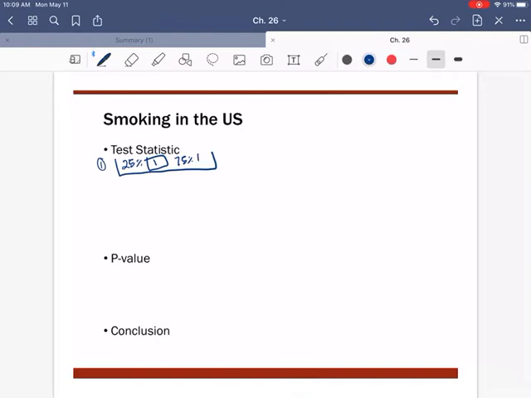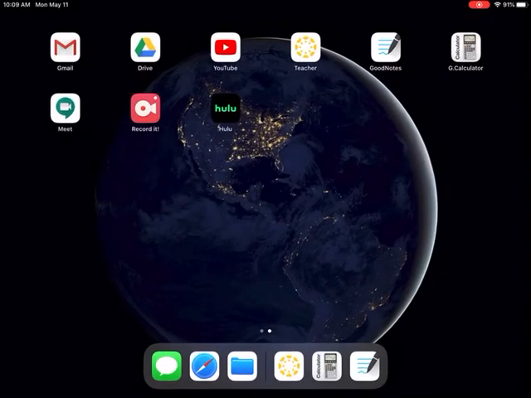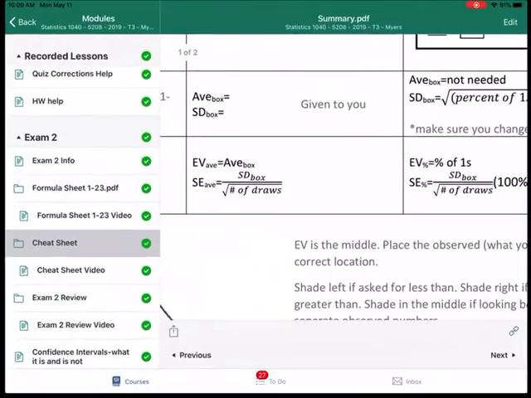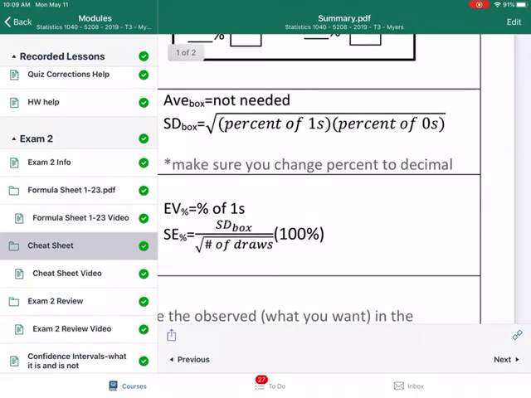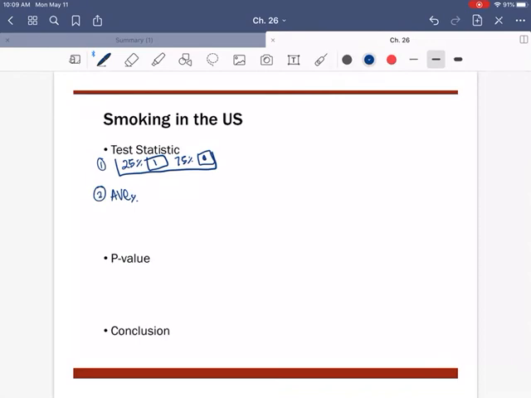Okay, step 1 is our box model. 25% do smoke, 75% do not smoke. Step 2, average percent. So with percents, we really don't need an average.